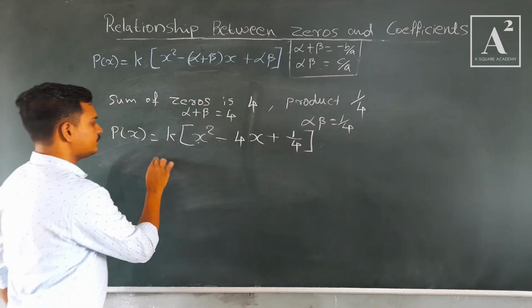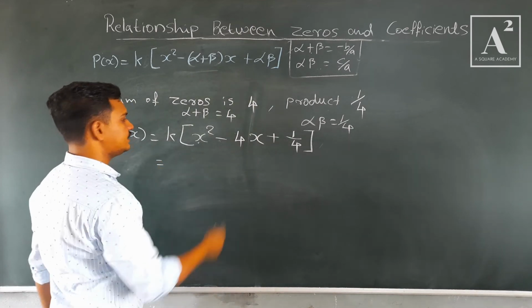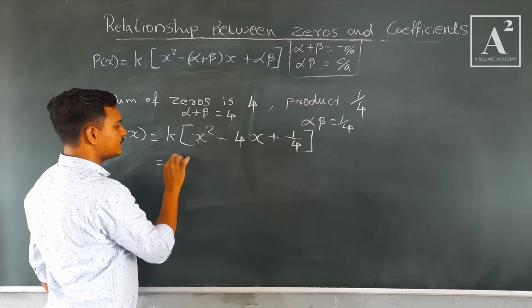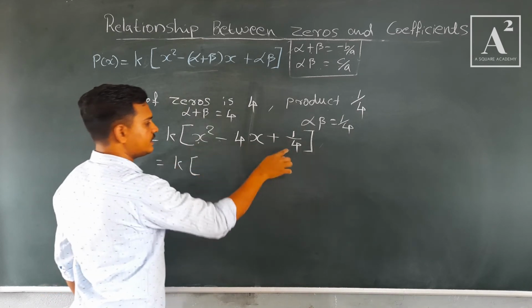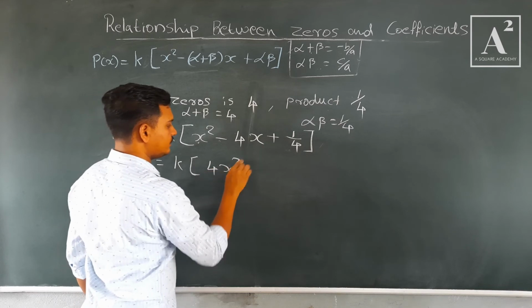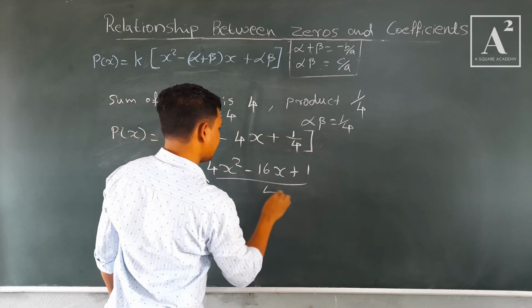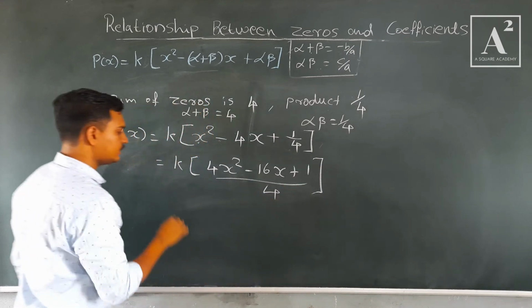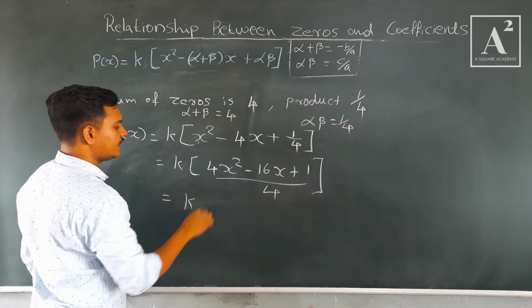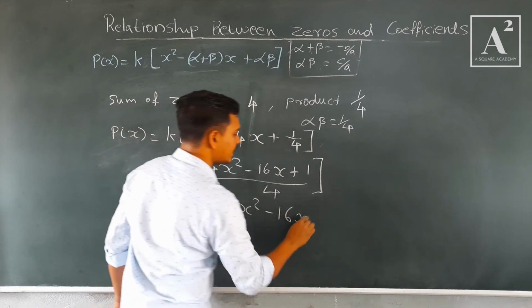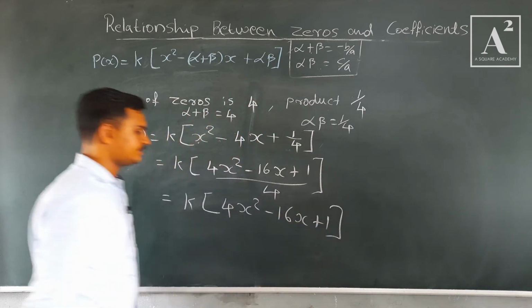Now this is the form. You can take the LCM here. So that is k times, LCM is 4x square minus 16x plus 1, all divided by 4. All together we can write k times 4x square minus 16x plus 1.